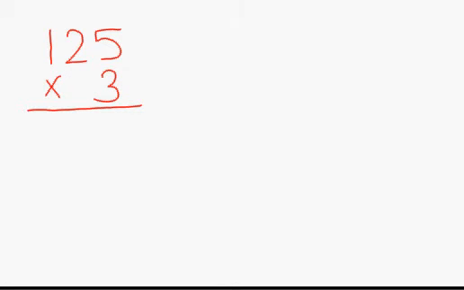Okay, 125 times 3, and let's move this over, and I'll give you a couple minutes to do that. So let's think about a minute and 10 seconds. Well, let's make it a little longer, 15 seconds. Okay, go ahead and try. Think about what the expanded form would be.